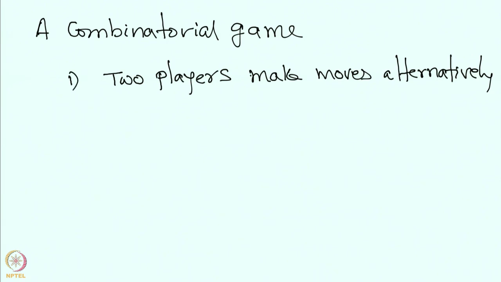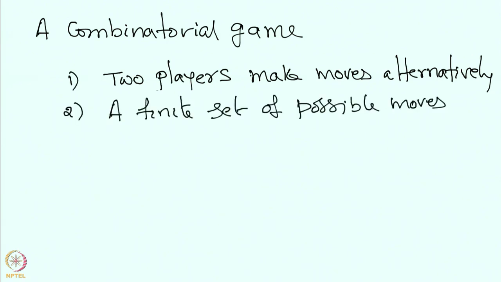The second point is that there is a finite set of possible moves. Then we also have to specify the rules. These rules specify what are the possibilities a player has from a given position, or once a player makes a move, where the next player can lead to.